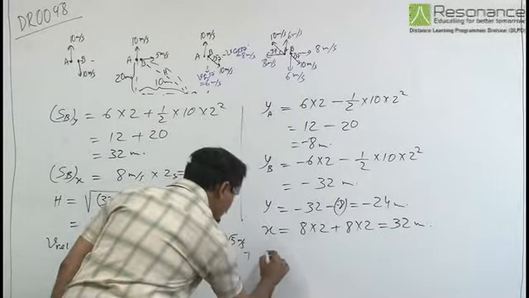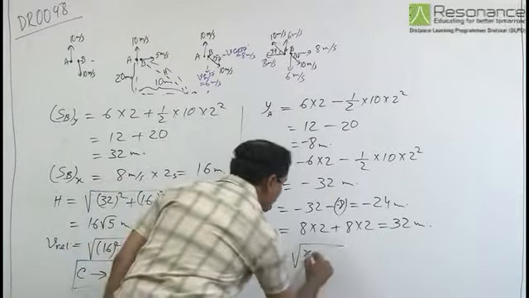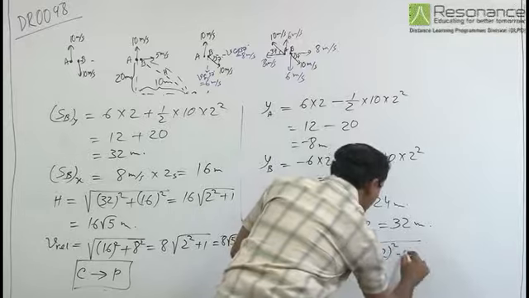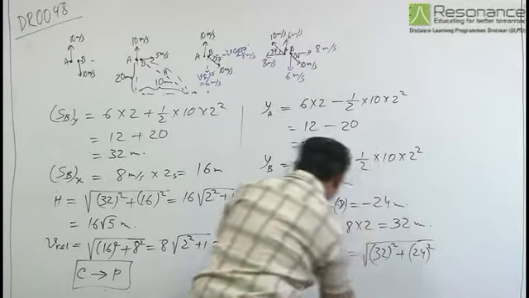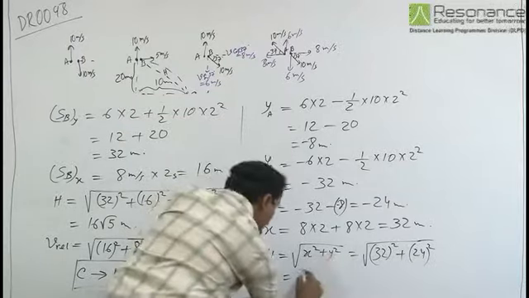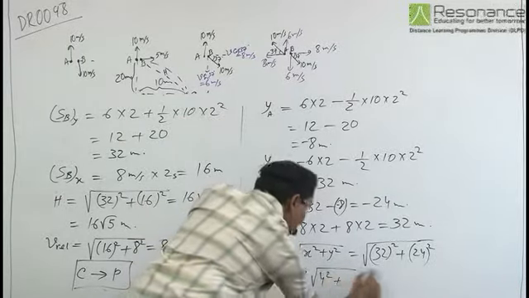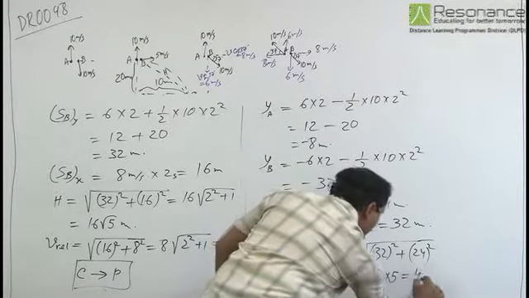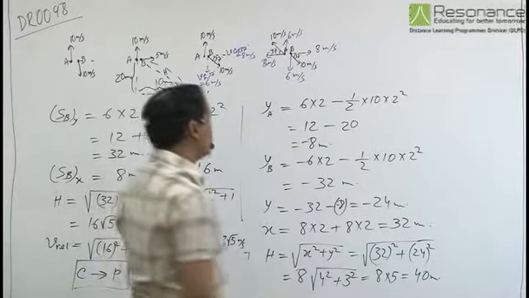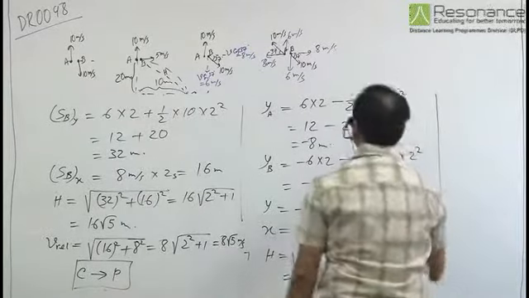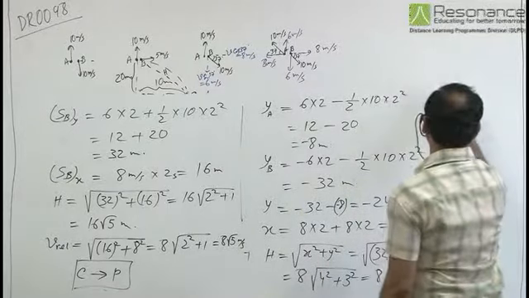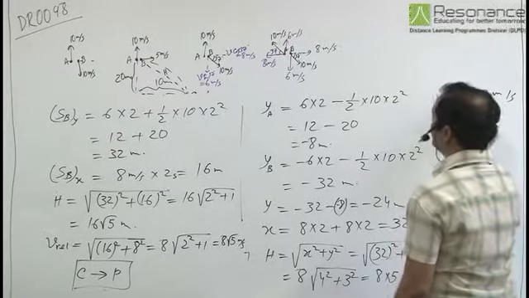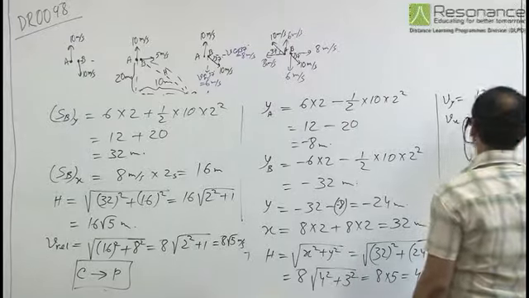So separation, let it again be h, is equal to under root x square plus y square, that is 32 square plus 24 square, that is equal to 8 into 4 square plus 3 square, that is 8 into 5, again it is 40 meter. And relative velocity, we can have the y component of velocity is 12 meter per second and x component of velocity is 16 meter per second.